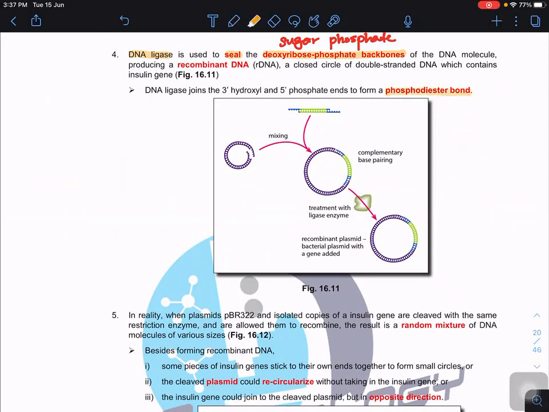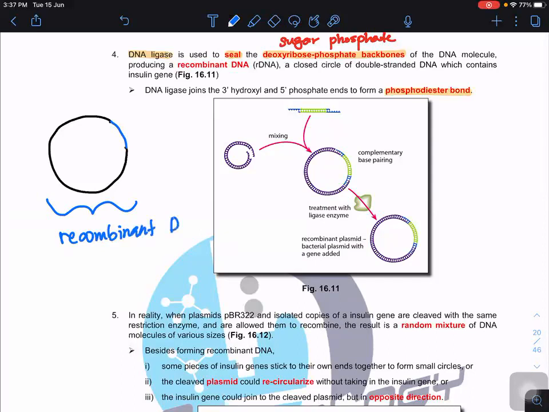So once you have done this, when you have the plasmid with the insulin gene, this molecule is called recombinant DNA, or rDNA, or we can also call it a recombinant plasmid because it's a plasmid.